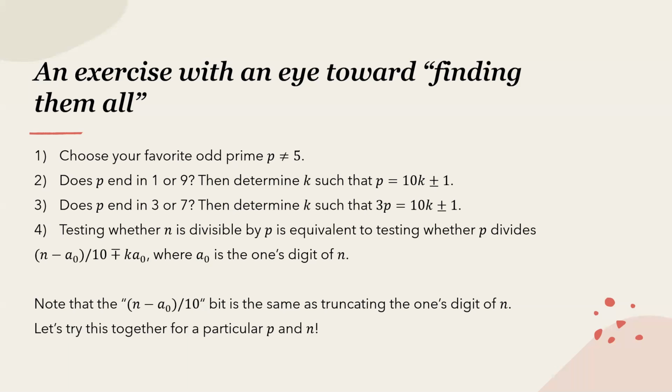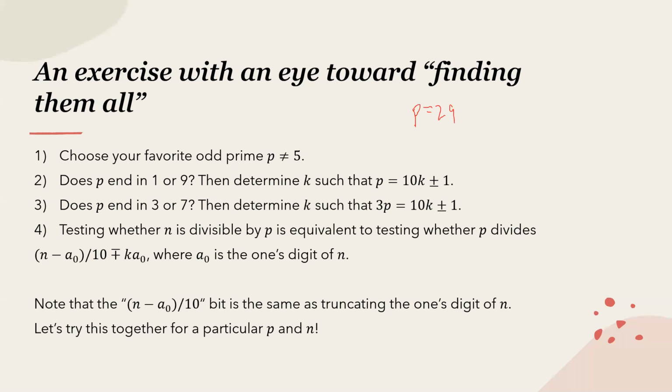Let's actually try this for a particular P and N. I said a prime, so somebody give me their favorite prime. 29. Okay. So if P is 29, that is already within one of a multiple of 10.